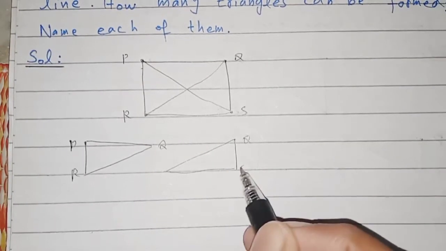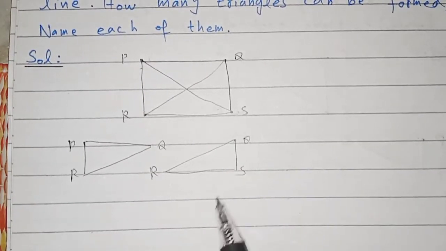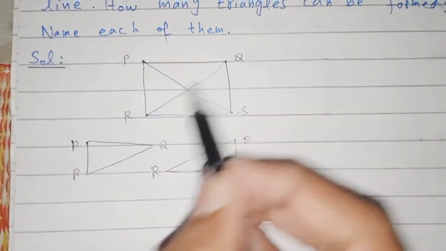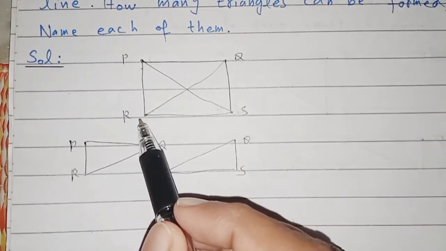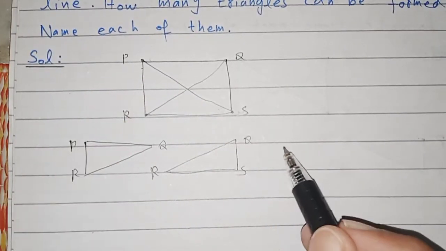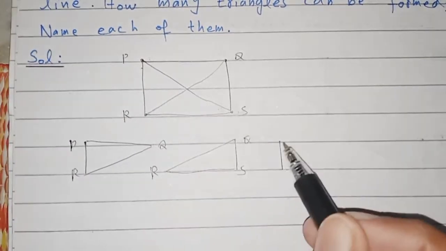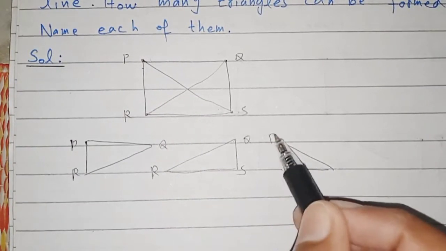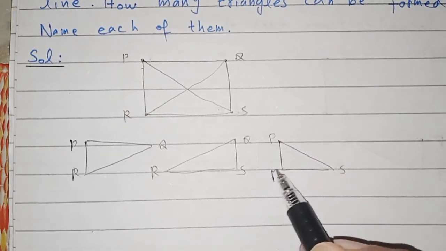Two triangles are formed. And this one is formed and this one is formed. Now we are taking this one, PSR. This is also forming.